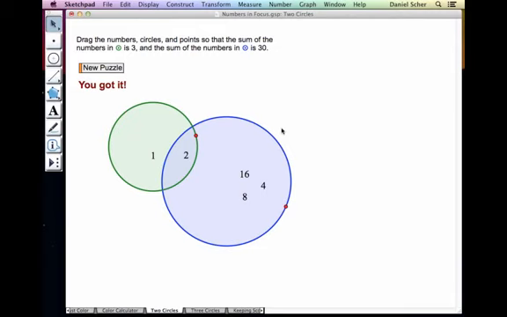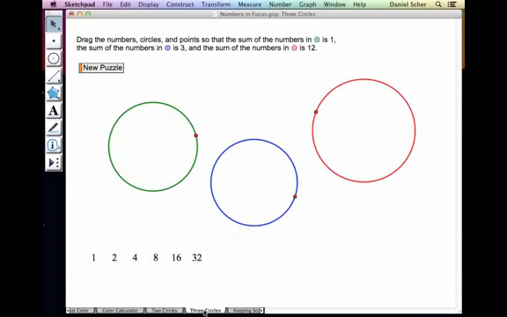Now we move to 3 circles, and let me generate a slightly harder challenge. Notice now that we have numbers that are all powers of 2: 1, 2, 4, 8, 16, 32. The numbers that come up here are between 1 and 63, and it's pretty interesting that you can make any number between 1 and 63 using just these 6 numbers.